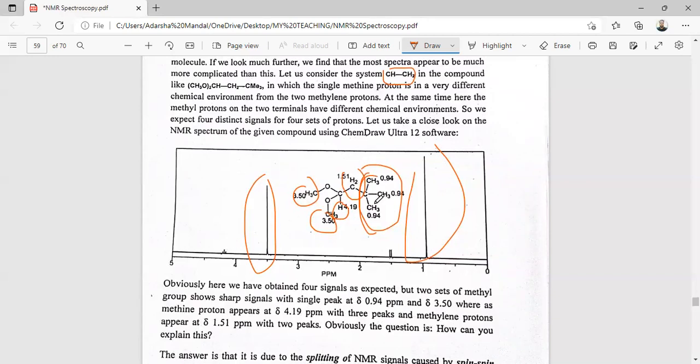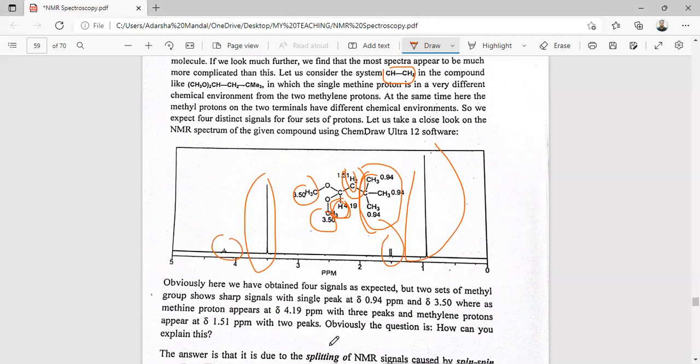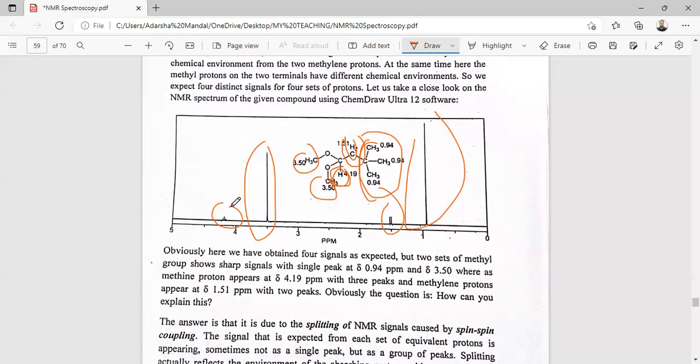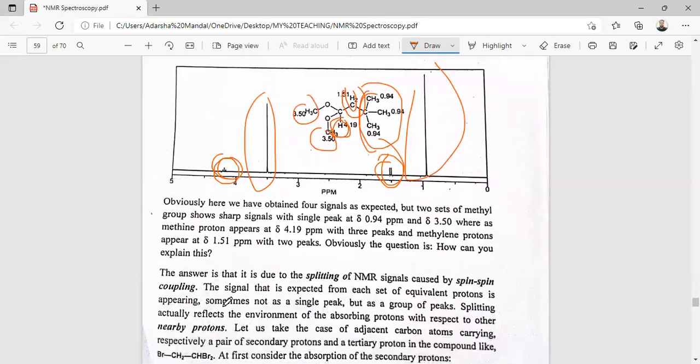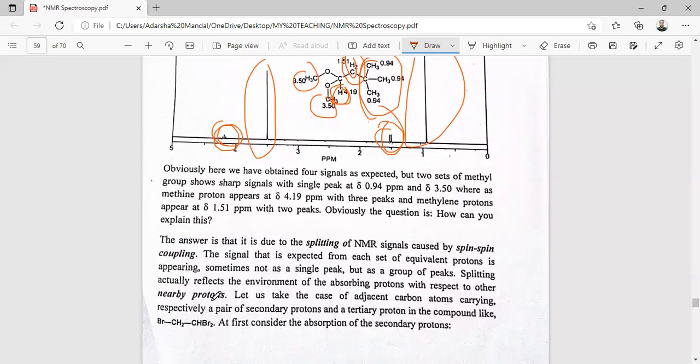Whereas the methine proton, this H that comes at 4.19, shows 3 peaks, and the methyl protons come at 1.51 with 2 peaks. So how can we explain this? How do 3 peaks come for this methine proton, and how do 2 peaks come for this H2 proton? The answer is the splitting of the NMR signal caused by spin-spin coupling.